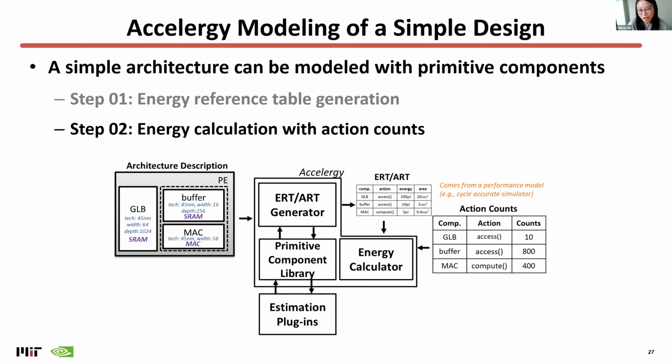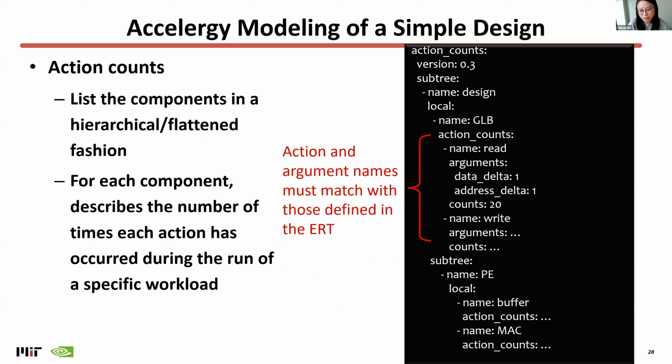And of course, Timeloop is able to produce such action counts as you have seen in the previous section, and except Timeloop, you can also use other simulators to produce such an input. So Accelergy will take in the action counts and its own produced energy reference table to produce the energy estimation for the architecture. So let's take a look at what action counts look like.